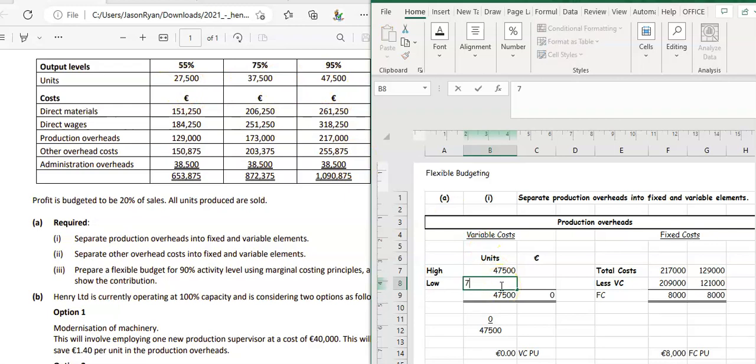I'm going to find the difference between the two of them, which is 20,000. And then the money term for high: at 47,500 we're looking at production overheads, so it's 217,000. And for low, 27,500 for production overheads is 129,000.